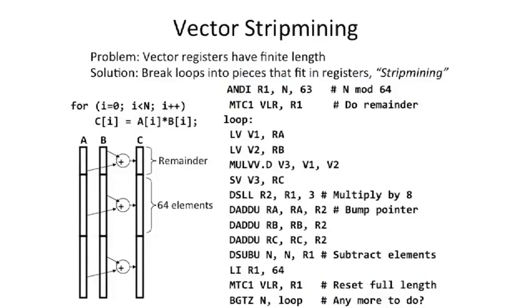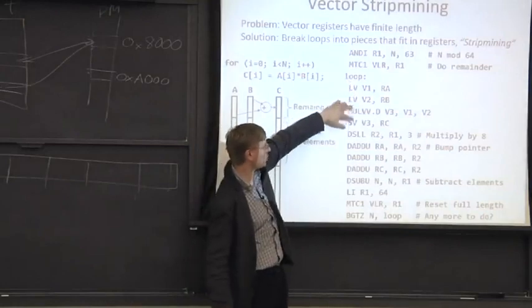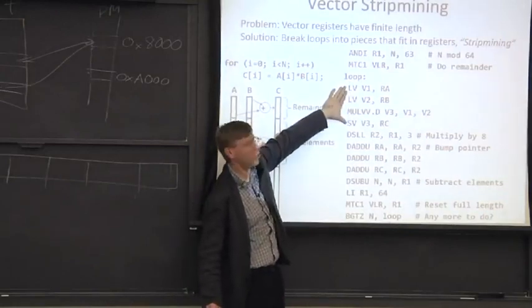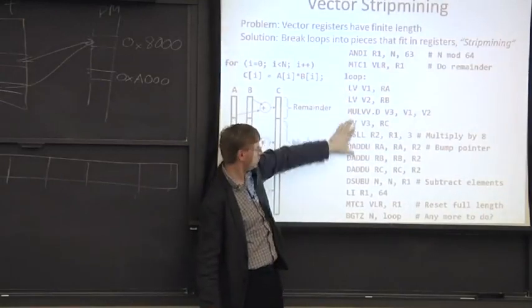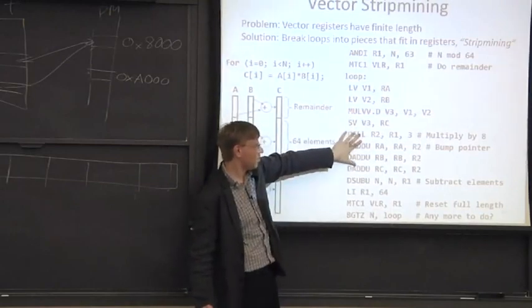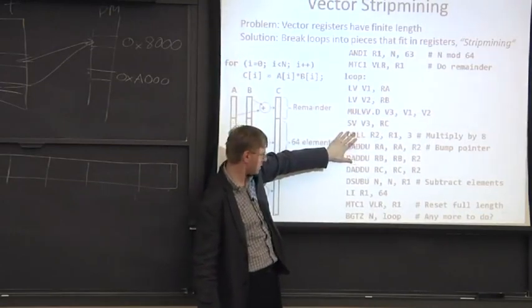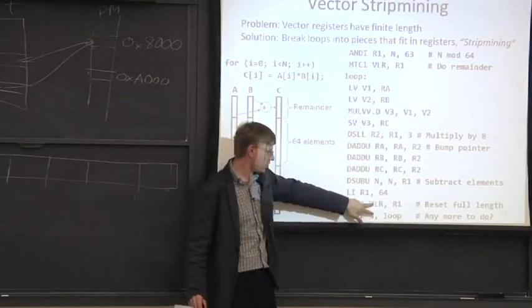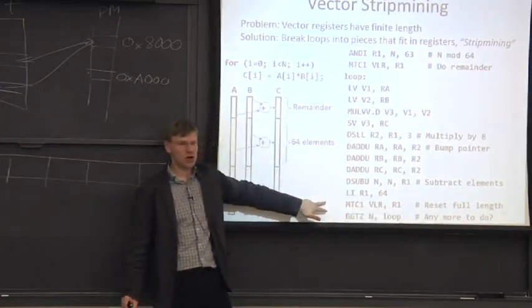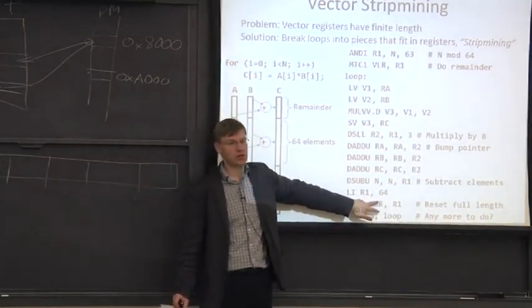So if we look at a piece of code here, this added a lot of stuff to our loop. Now, we still have load, multiply, store. These are our old instructions that we had before. But we have all this other stuff here. It's sort of bumping pointers. And we also have to write the vector length register every single time through this loop.